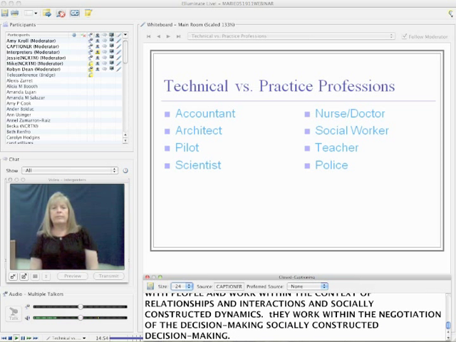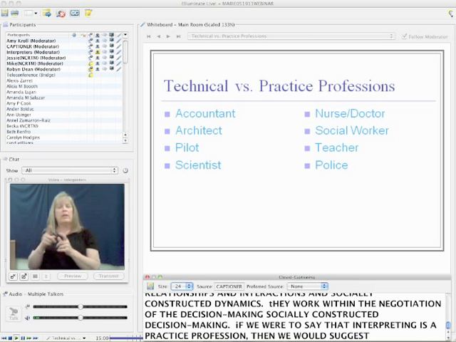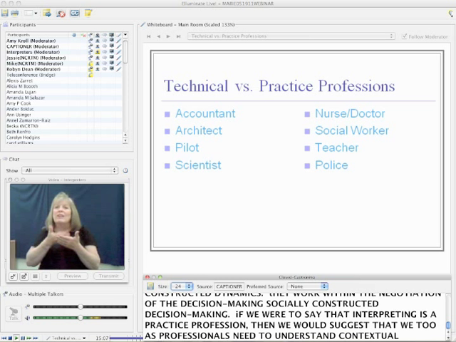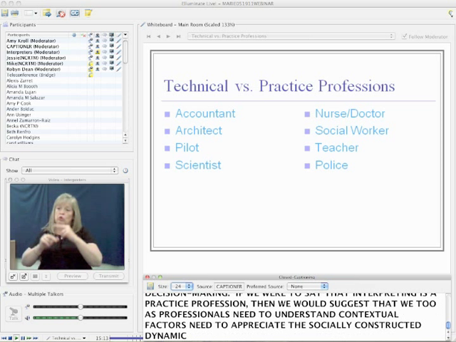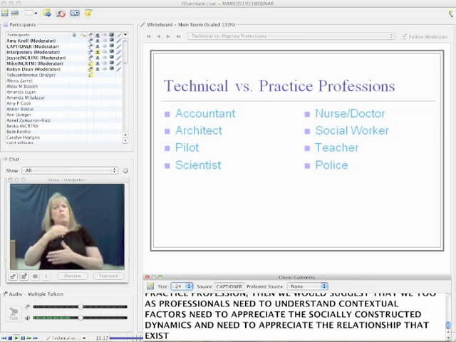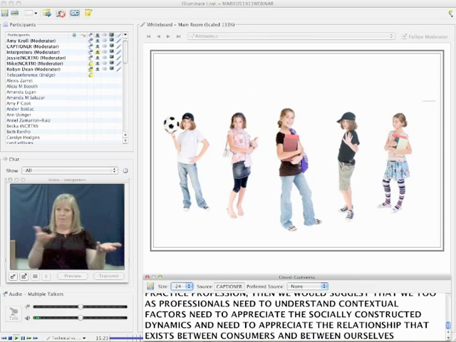If we were to say that interpreting is a practice profession, then we would suggest that we too, as professionals, need to understand contextual factors, need to appreciate the socially constructed dynamics, and need to appreciate the relationship that exists between consumers and between ourselves with those consumers.